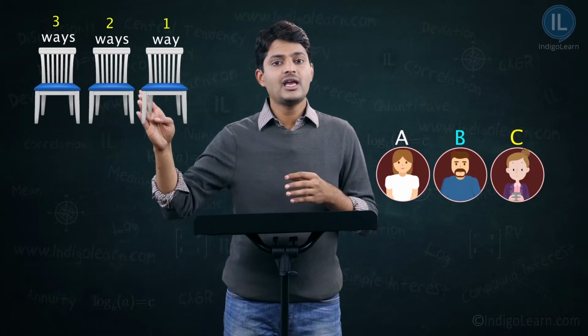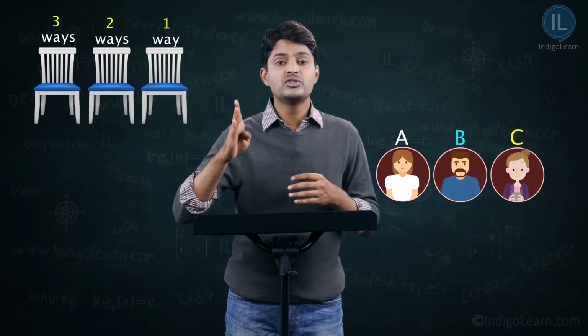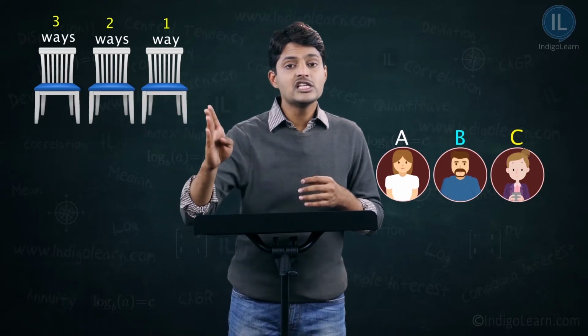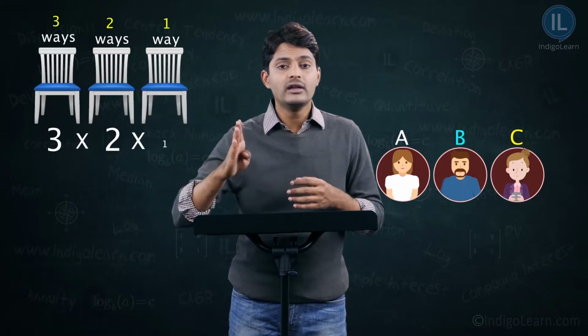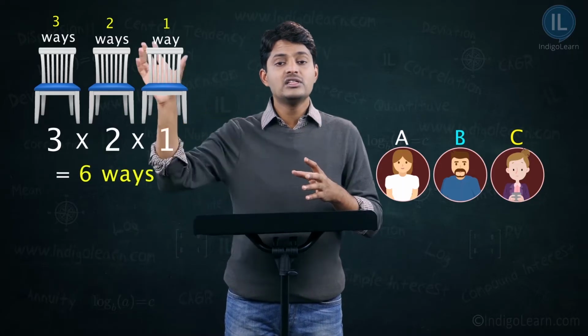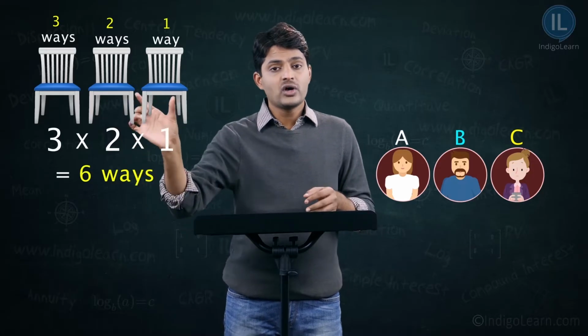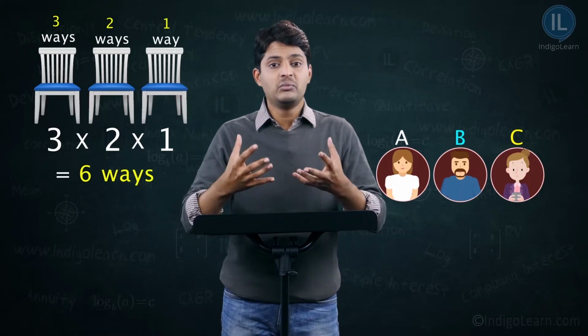The first position can be filled in 3 ways, the second position in 2 ways, and the third position in 1 way. In other words, the entire arrangement can be done in 3 into 2 into 1, which is 6 ways, which is the answer that we got, 6 different arrangements. This process of multiplying 3 into 2 into 1 is called the multiplication rule.